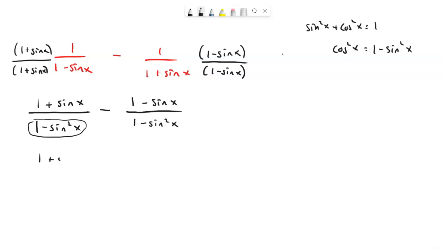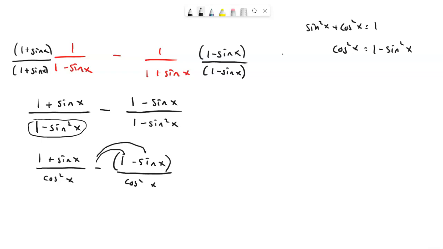So I get (1 plus sine x) over cosine squared x minus (1 minus sine x) over cosine squared x. Now, remember that everything in the second piece is in a set of parentheses, so you've got to distribute that negative sign to both parts.